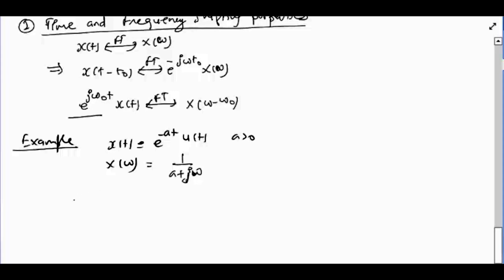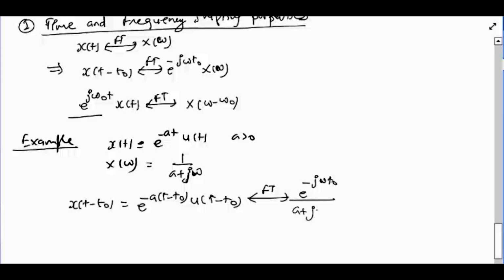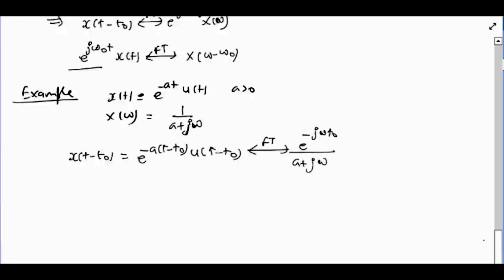Now this says that the Fourier transform of x(t minus t naught), which is e raised to minus a (t minus t naught) u(t minus t naught), will be e raised to minus j omega t naught divided by a plus j omega. So this is an illustration of time and frequency shifting.